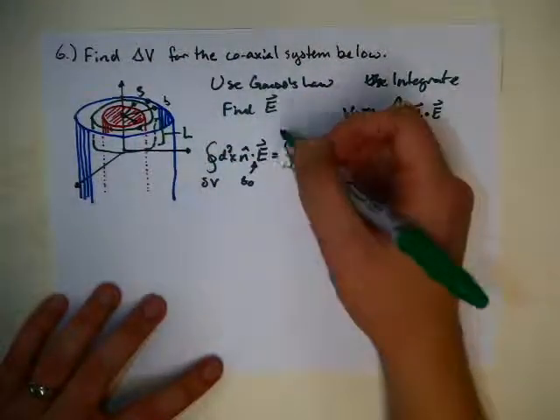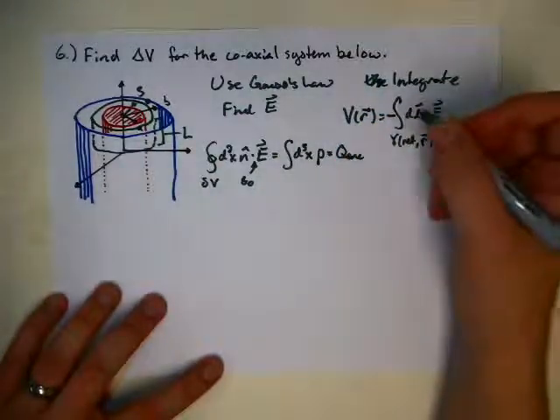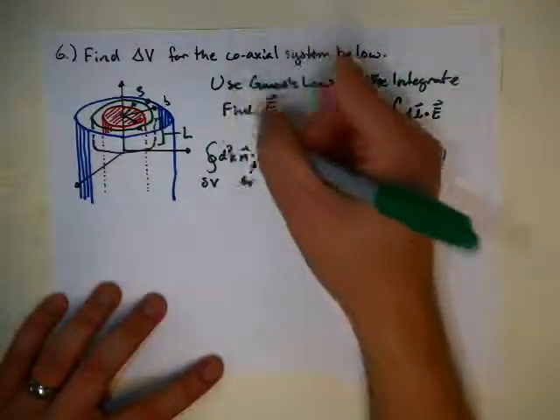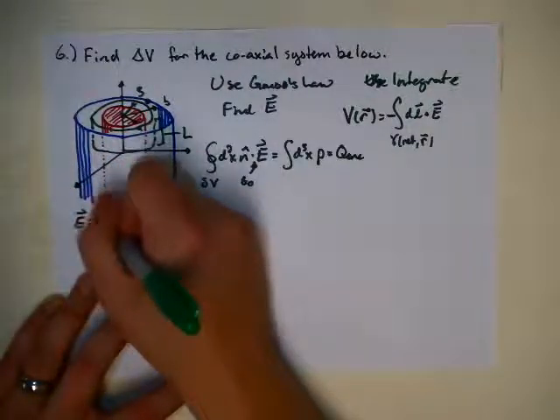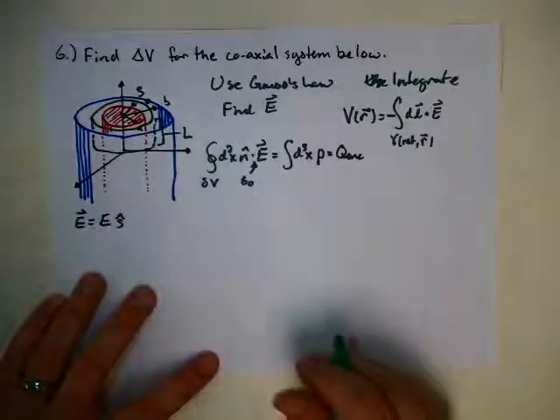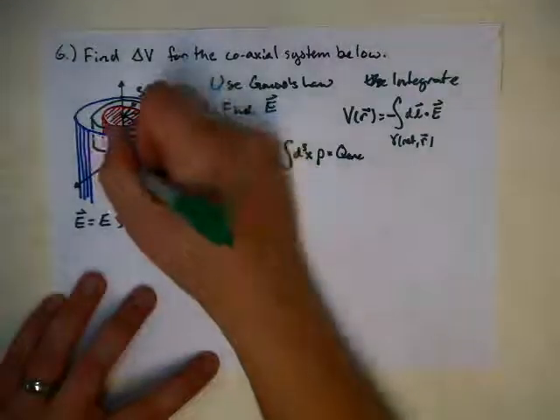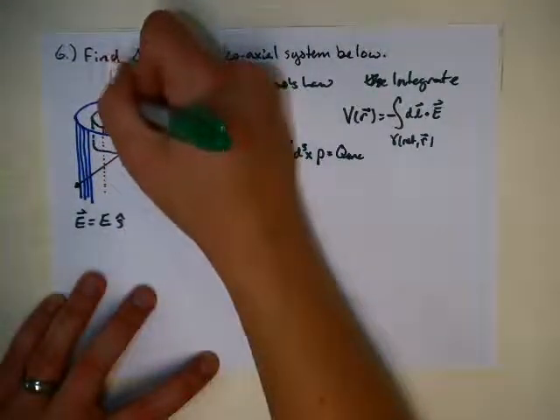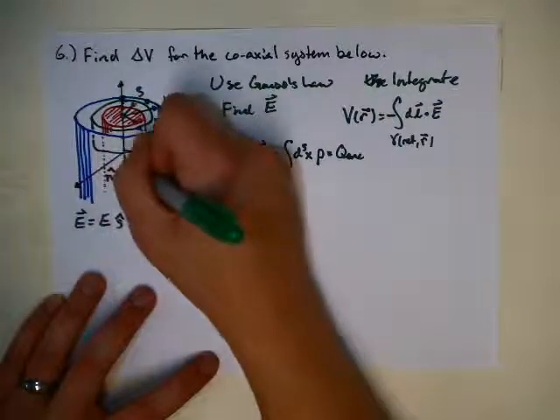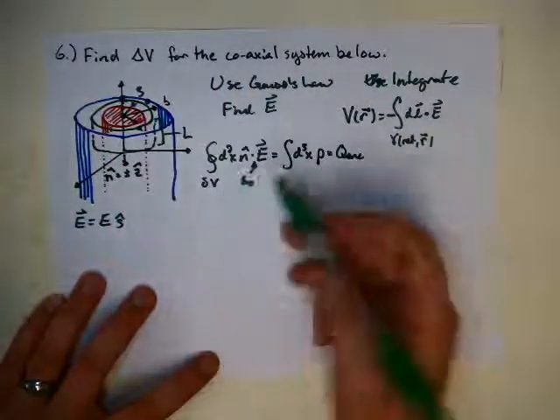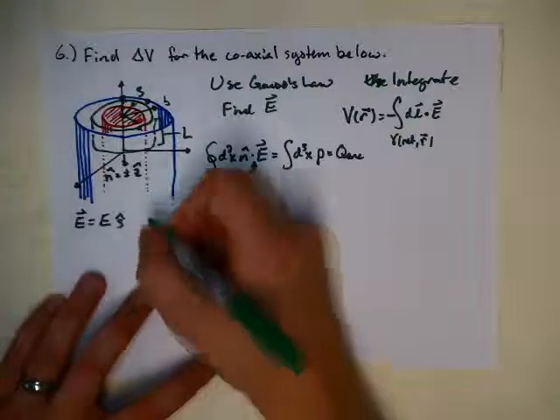For the left-hand side, it's easy because through symmetry, E is only in the S hat direction. The normals on the top and bottom are plus or minus Z hat, so n hat dot E is 0 on the top and bottom.